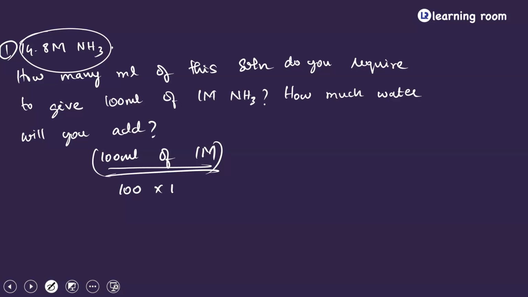Number of moles of ammonia before dilution is equal to number of moles after dilution. That is the law of dilution.